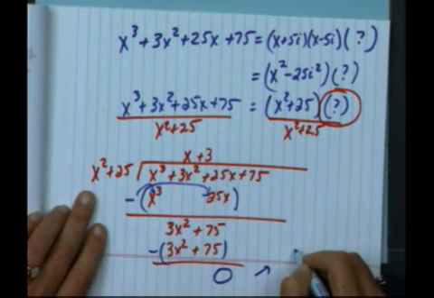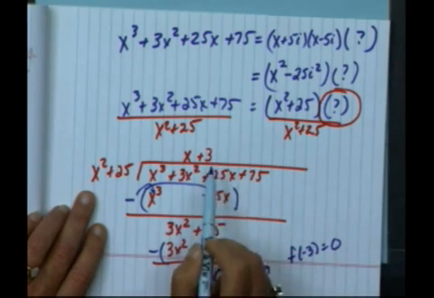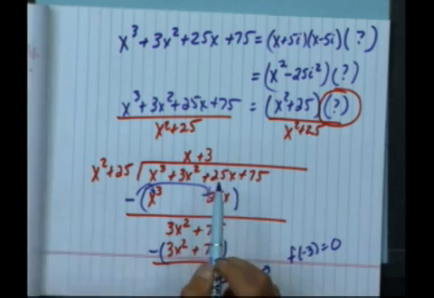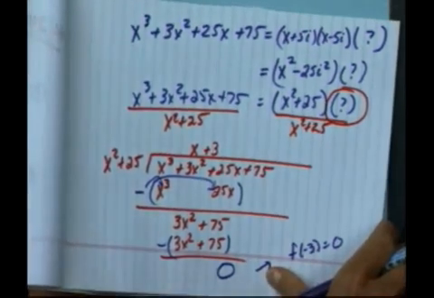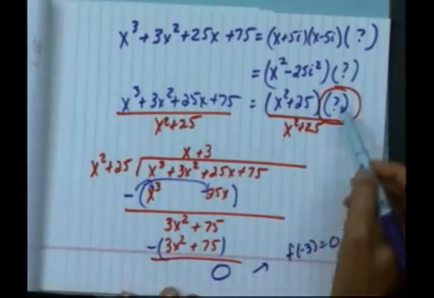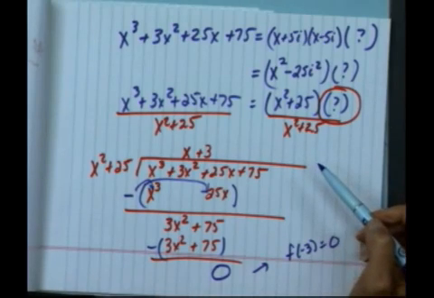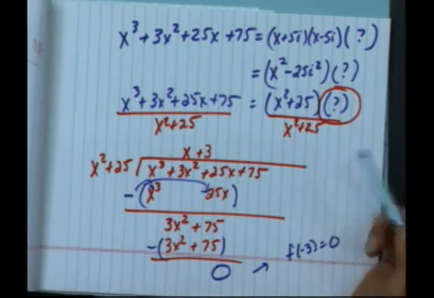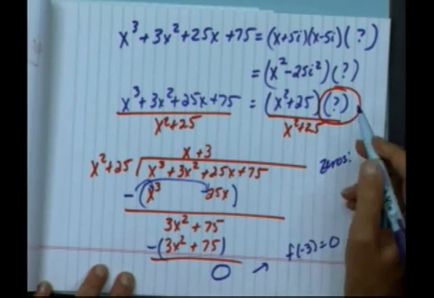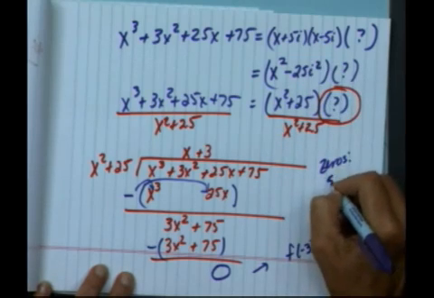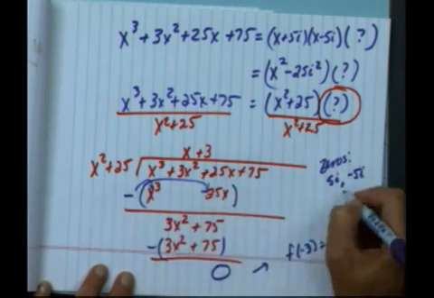Remember, your remainder theorem now says f of negative 3 equals 0, or x plus 3 is a factor. Hold that thought 1 second. So, our question was to find all the remaining zeros. And I'm just writing our function in factored form. Our zeros, according to the question, are 5i, negative 5i, and negative 3.